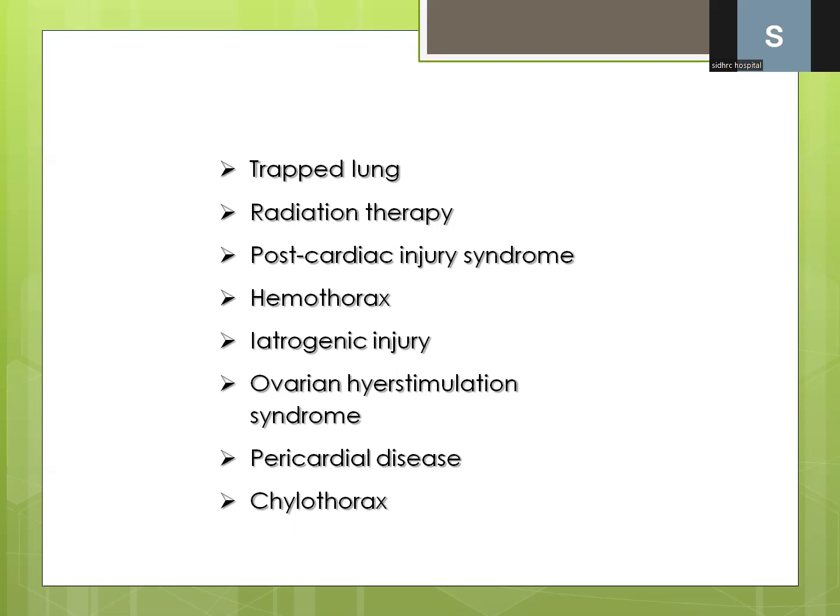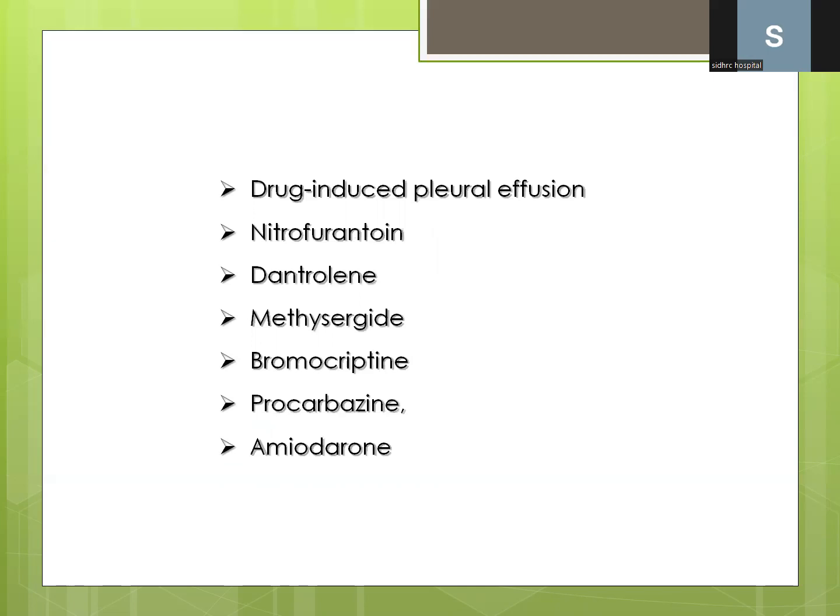Then there are post-cardiac injury syndrome, presence of blood in the pleural cavity. Iatrogenic injury like repeated aspirations causes effusions. Ovarian hyperstimulation syndrome, pericardial diseases mostly present with a transudative effusion, and presence of chyle in the pleural space due to lymphatic obstruction can cause pleural effusion.